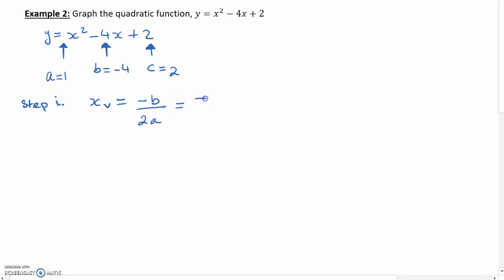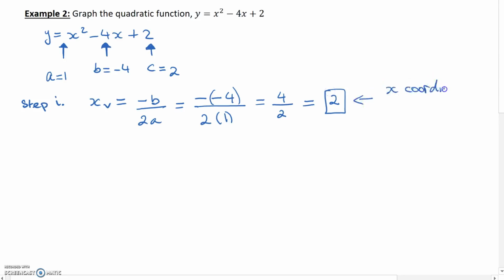So that's going to be minus, and then b is negative 4, so it's going to be minus negative 4 all over 2 times a, which was 1. Minus negative 4 is 4, 2 times 1 is 2, 4 divided by 2 is 2. So that's going to be the x coordinate of the vertex. I'll explain that a little bit later on.